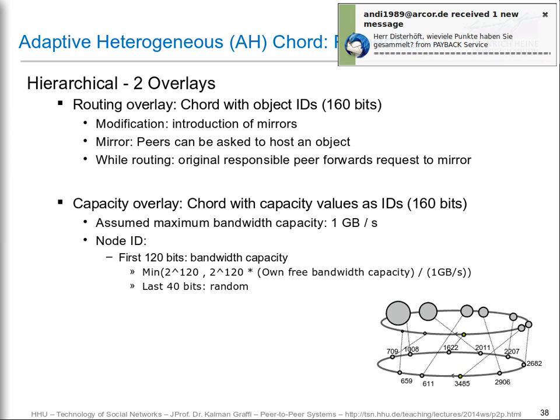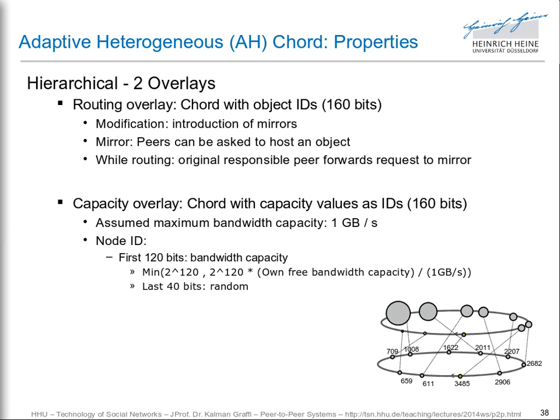Yes, the peer ID is different because it contains the own free bandwidth capacity, and is calculated by this formula. It's not that interesting, but we have this capacity overlay with a normal Chord overlay and other peer IDs. So this is the main difference between both overlays.